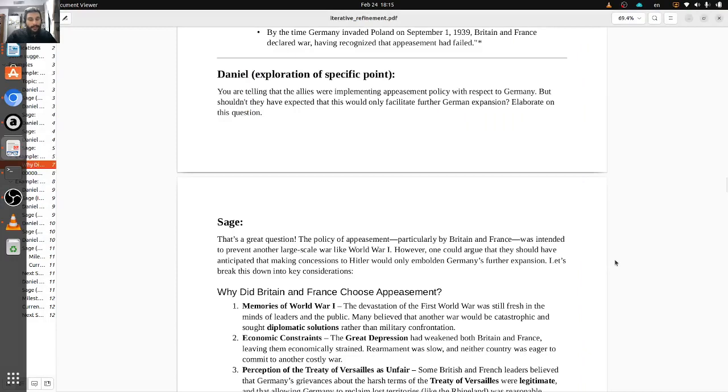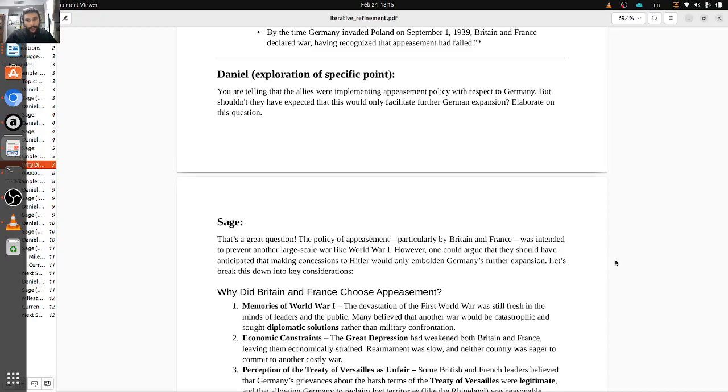I believe that this iteration of the conversation is particularly interesting because here Daniel is not asking simple questions that can be answered via Google or Wikipedia, such as questions about events or even cause and effect relationships, but here he is asking about understanding the thinking process of the leaders of these two countries.